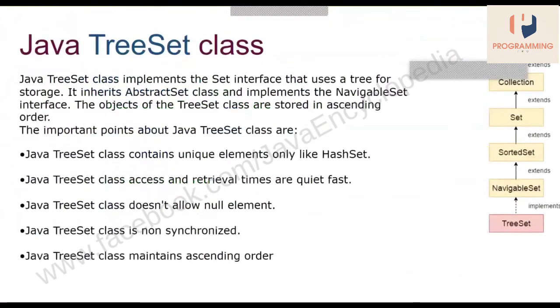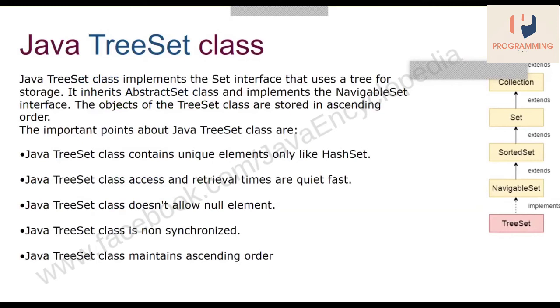Now if you see here, why the tree set is giving you sorted order is because, in the pictorial representation on the screen, a tree set implements a navigable set, which is an interface again, not known to many people, and inside it is extending a sorted set.